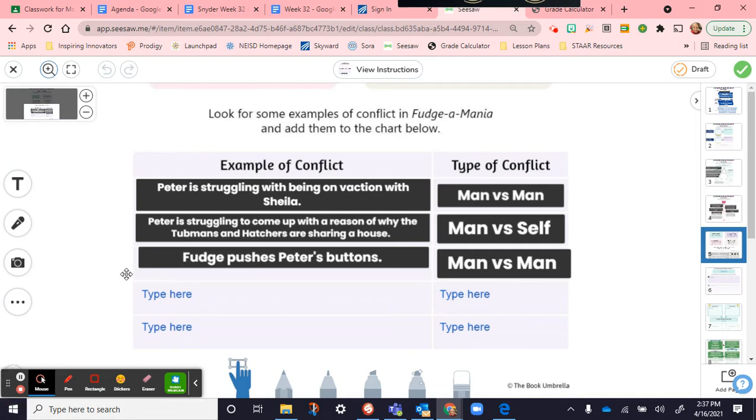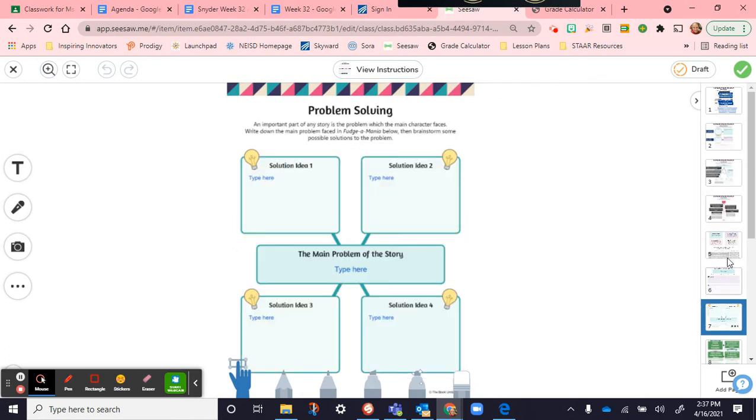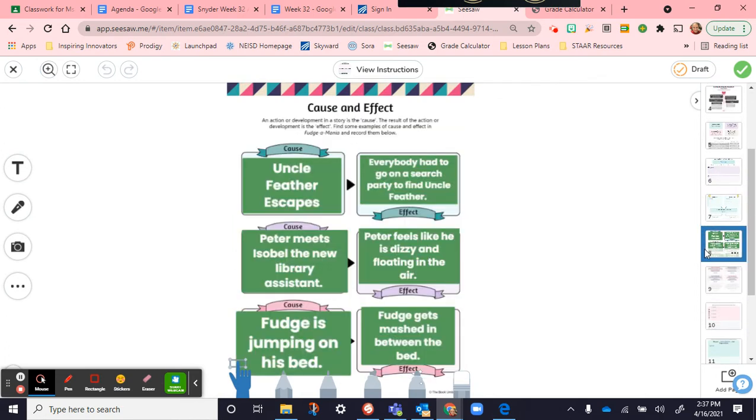So character versus character, so man versus man. Fudge definitely pushes Peter's buttons and drives him a little bonkers, just like a younger brother loves to do, or sister.